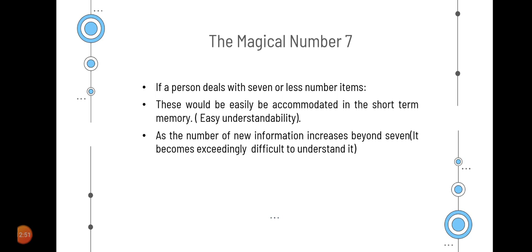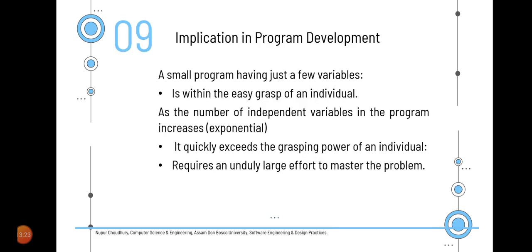This is an established fact that the human cognition system can easily remember things up to a length of 7, which is also known as the chunking principle. So if a person deals with 7 or fewer items, understandability is easier. However, if the information increases, it becomes exceedingly difficult to understand and, most importantly, to retain in your memory.